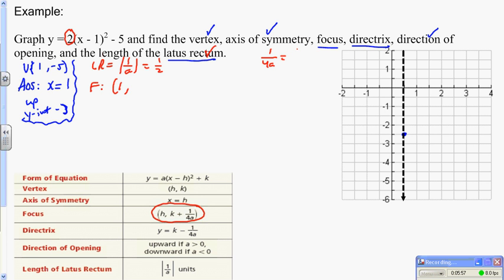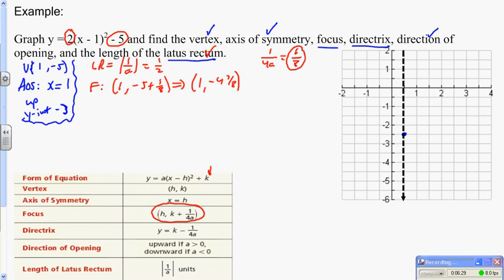So that is 1/8. So focus has h, which we have as 1, and then k plus 1 over 4a. K, again based on our formula, is this. So it's -5 plus 1/8. And that gives us 1, and if you add those together you get -4 7/8.